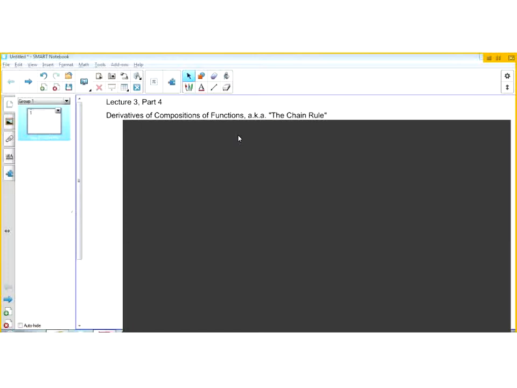So if f and g are two differentiable functions, we have the following results. Turn to the page, and I'm referring to the lecture notes that are online.